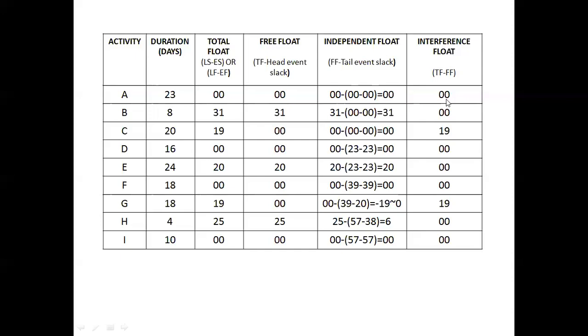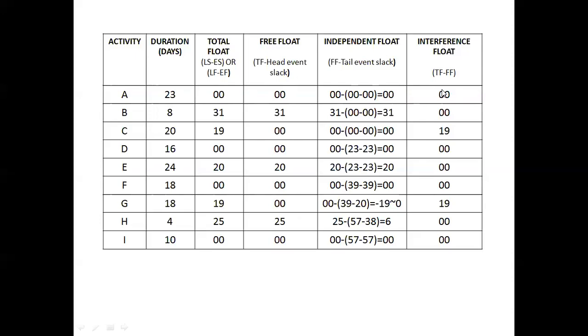Interference float, as we know, is the difference between total float and free float. Here it is the total float and here the free float. 0 minus 0 is equal to 0, like that. Here 19 minus 0 is 19, and 19 minus 0 is 19, and 25 minus 25 is 0.